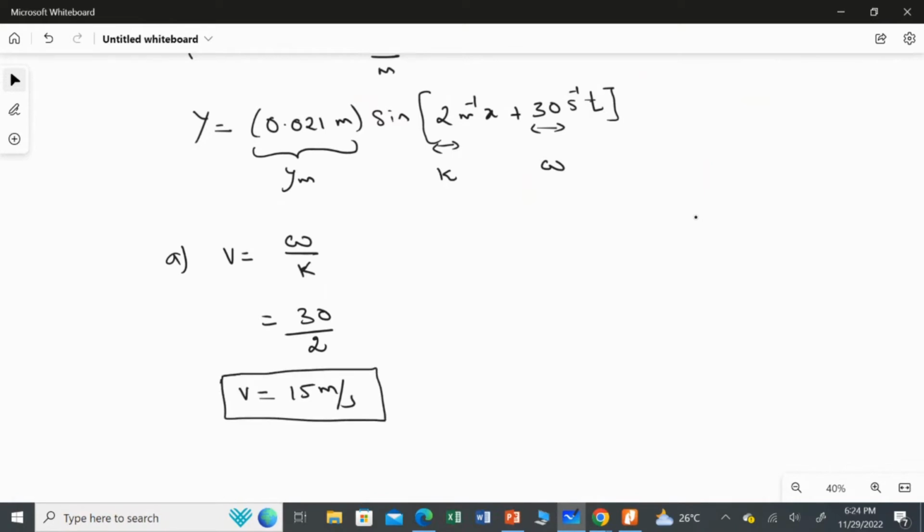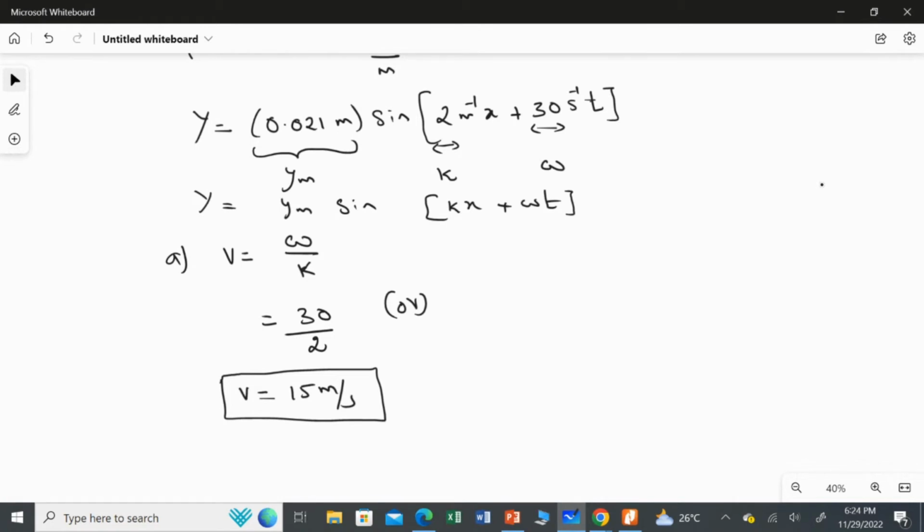Clear? In another way also you can find it, though some steps will be more. That will be easy for your understanding. Actually, we have to compare this equation with our general equation we studied, y = ym sine of (kx minus omega t) or plus omega t. Both are exactly the same. Now we have to compare.